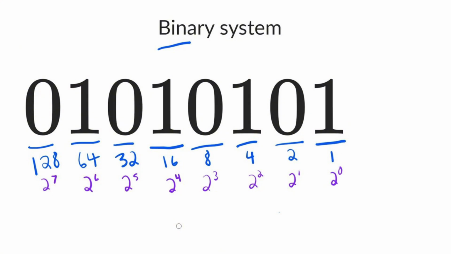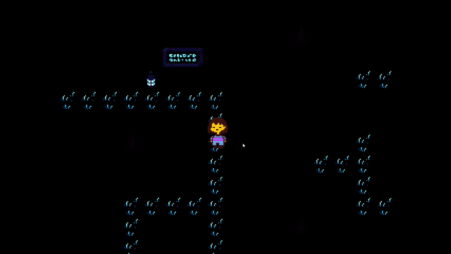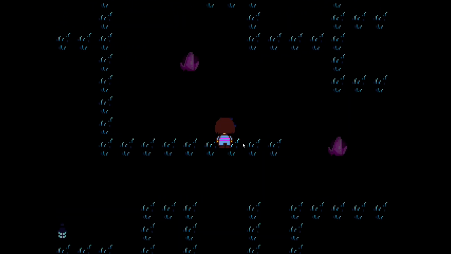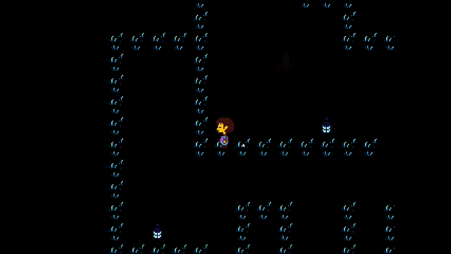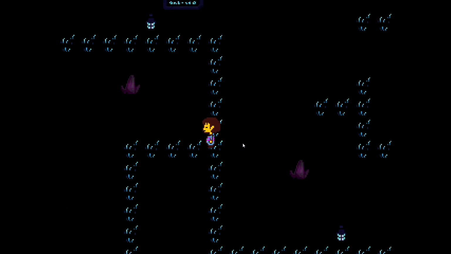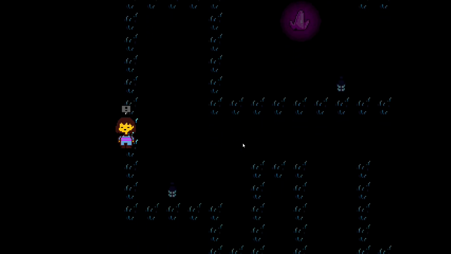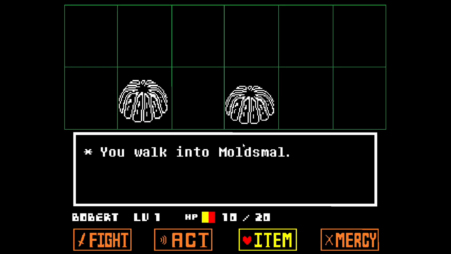In denary, which is in tens, we go from left to right, the same way we write. However, in binary, we go from right to left. So once again, the rightmost one is 1, and then going left, it's 2, and so on.